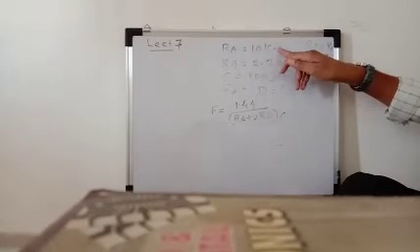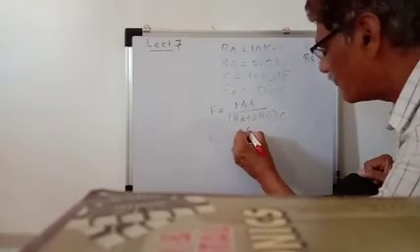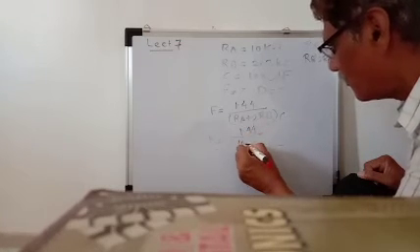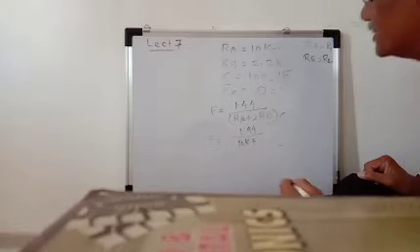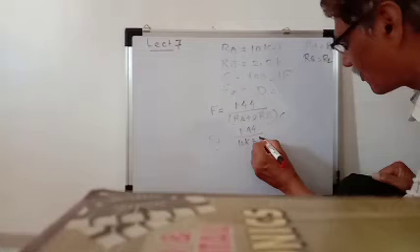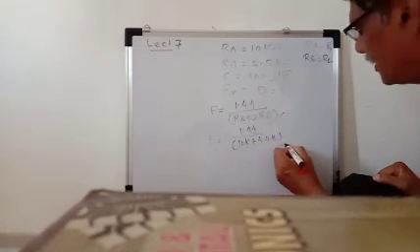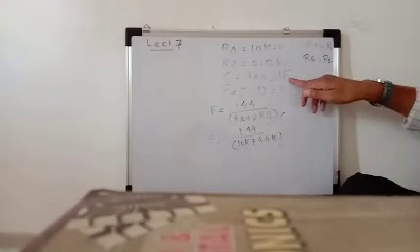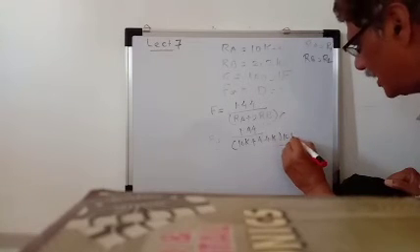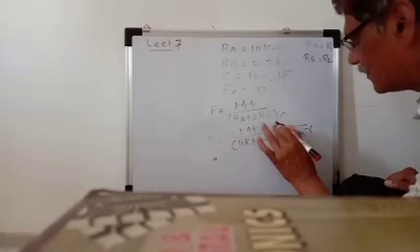So F is equal to 1.44 divided by 10k plus RB, 2.2 kilo ohm into 2, that is 4.4 kilo ohms, into C, 100 microfarad means 100 into 10 raised to minus 6.